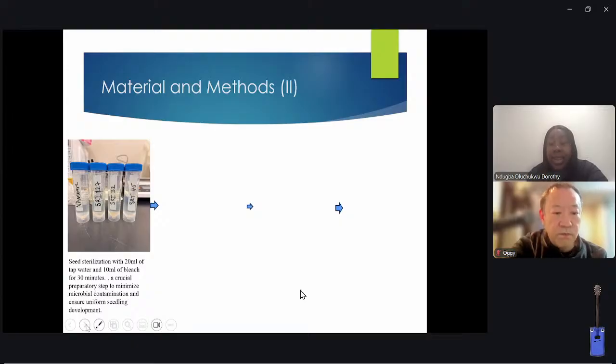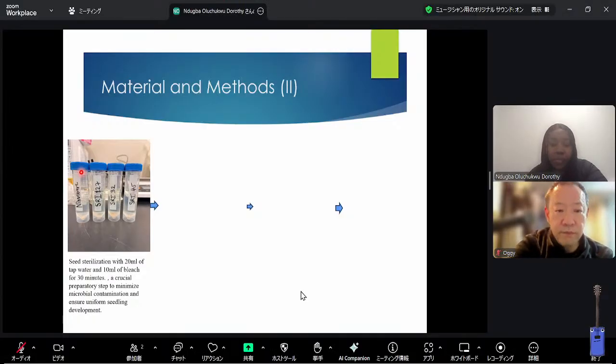And this seed sterilization is done majorly with 20 milliliters of water and 10 milliliters of bleach. And the seeds of rice varieties Nipponbare, like I have mentioned earlier, SRI 127, SRI 32, and 45, are going to be soaked for 30 minutes. And they are covered so that it can reduce evaporation of the bleach.